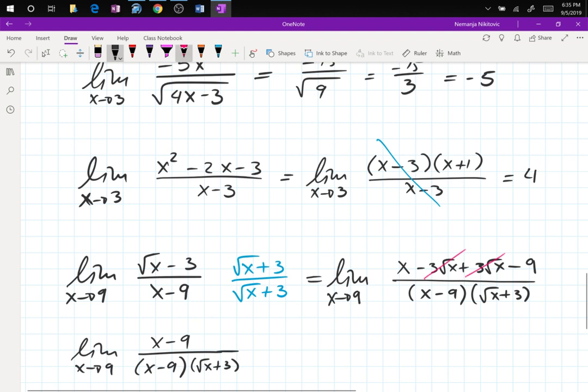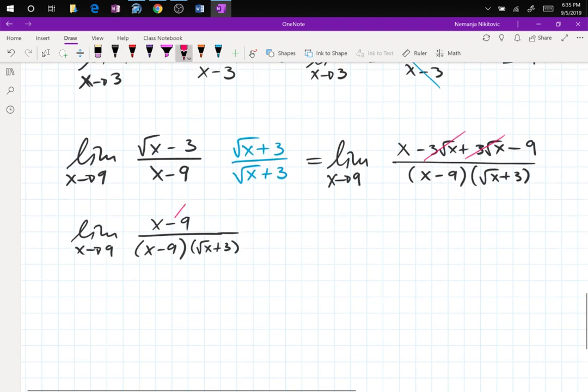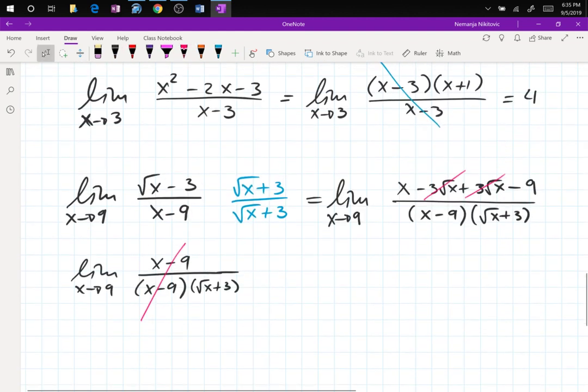So now when they cancel, you get the limit x goes to 9 of 1 over square root of x plus 3. Well, that's 1 over 6.